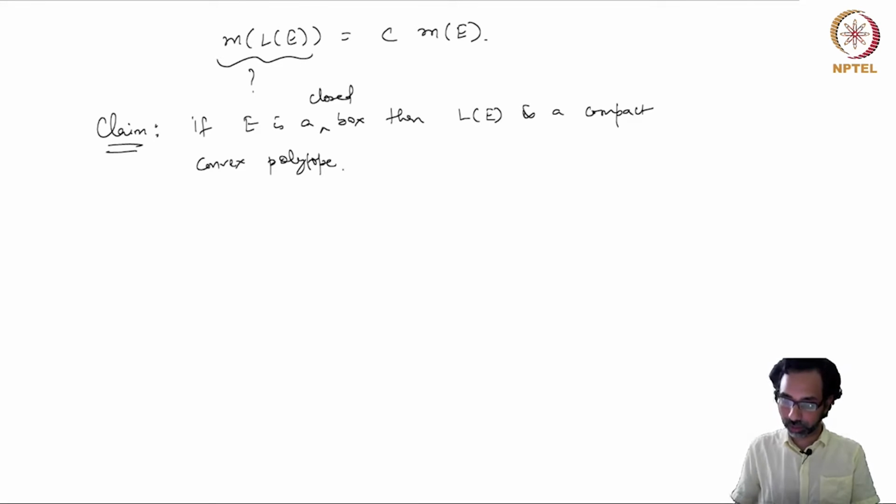So the claim is that if E is a closed box, then L of E is a compact convex polytope.